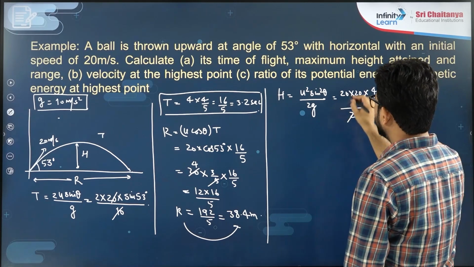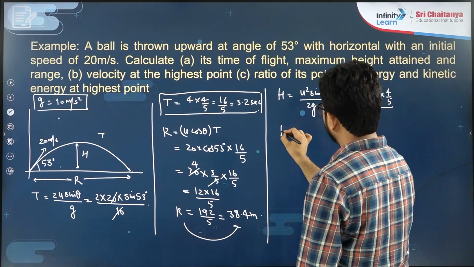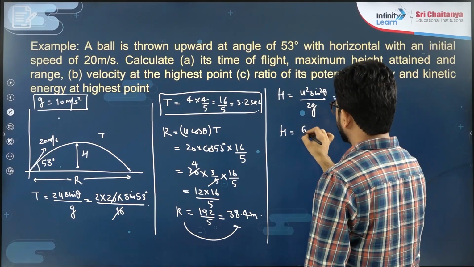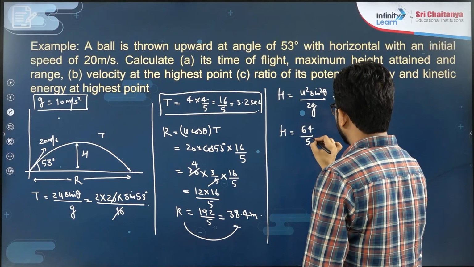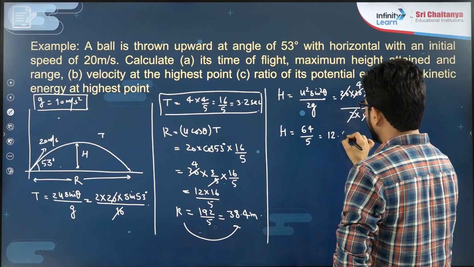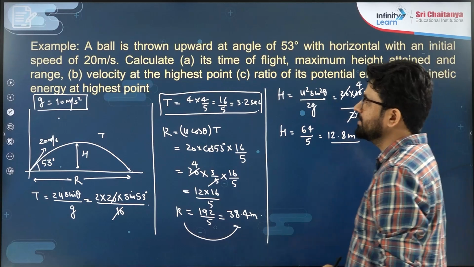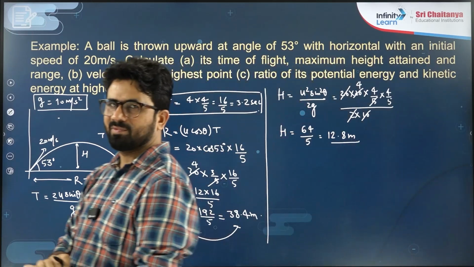So 2 into 10, 20, this is cancelled. From 5 this becomes 4. Just multiply the values, that would be 64 by 5, that value is 12.8 meter. This is the basic calculation you can do. This is the first part of this question.